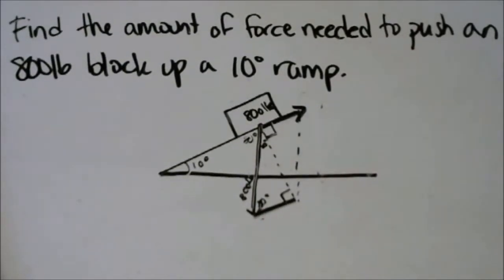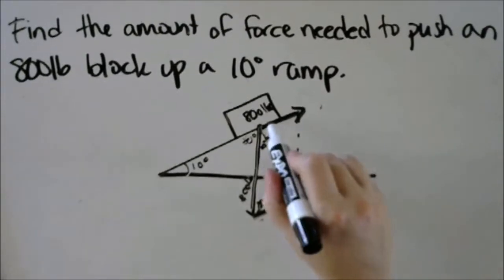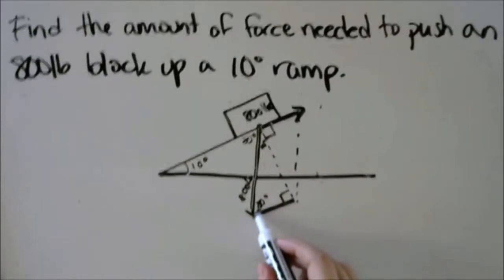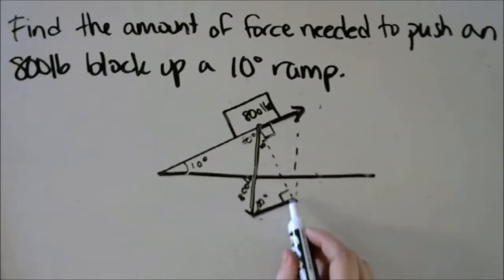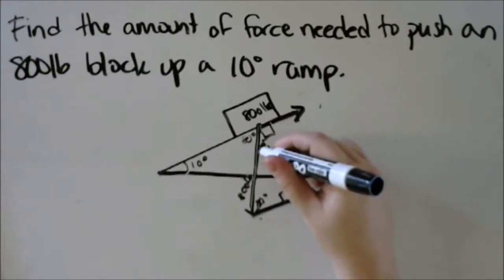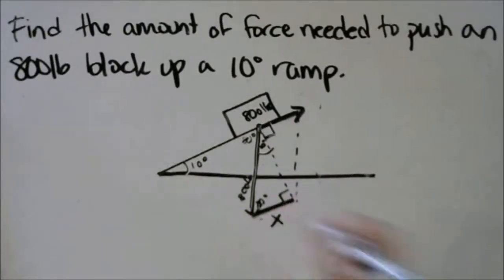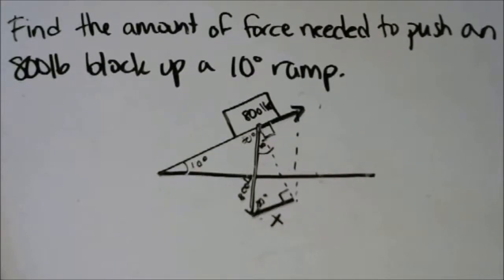So how does this help me solve? Well, the vector I want along the ramp is congruent to this side of the parallelogram. And this is helpful because I have an angle, I know its hypotenuse, and I want to know its opposite side, which is the perfect setup for sine.